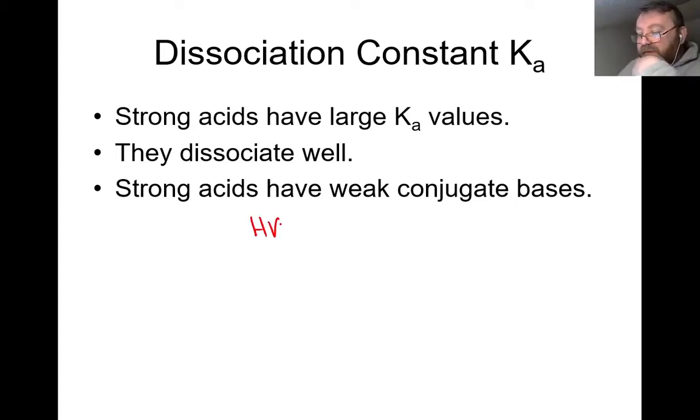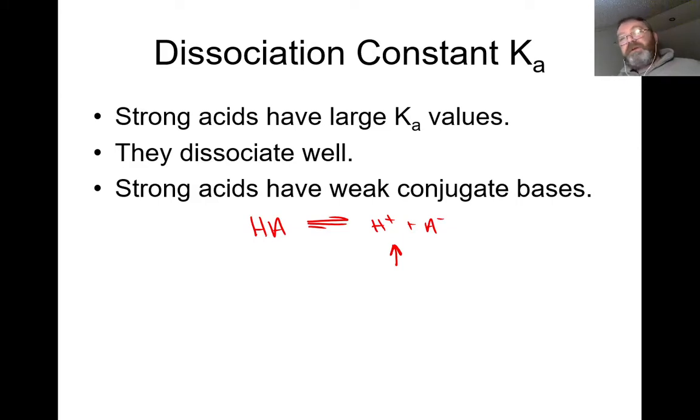If I have HA setting up a dynamic equilibrium with H plus and A minus, if I have a strong acid, that means that the equilibrium is going to be over here. In other words, it's going to favour the production of ions. Now, if you're operating over here, that means you favour the right-hand side. You favour dissociation, which means that the reaction doesn't really want to go back. It doesn't want to go back towards the original acid itself.